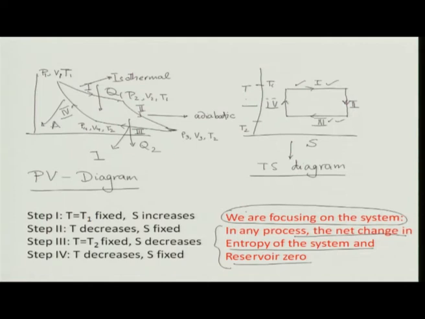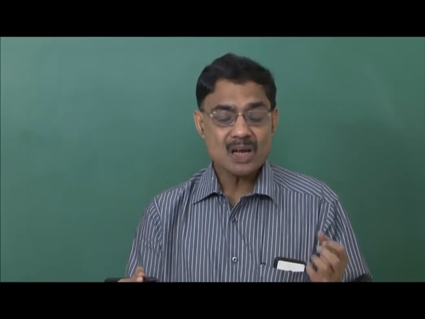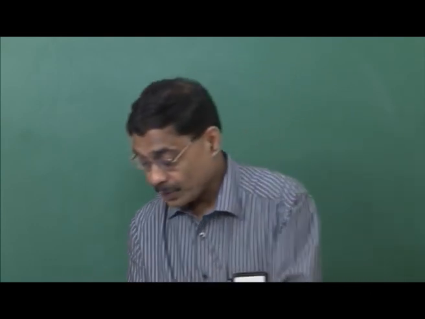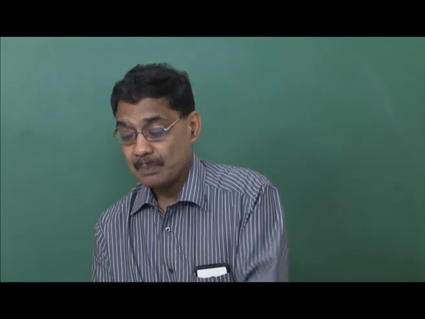Its entropy is decreasing and total entropy change is 0 because it is a reversible process. Similarly, here entropy of the system is decreasing, but entropy of the reservoir is increasing because the system is releasing heat to the reservoir. Okay?